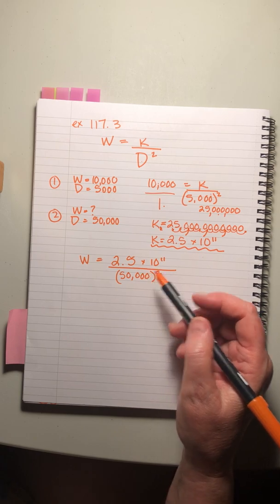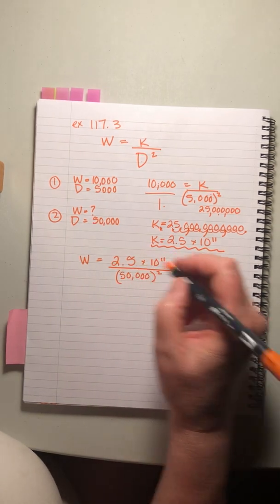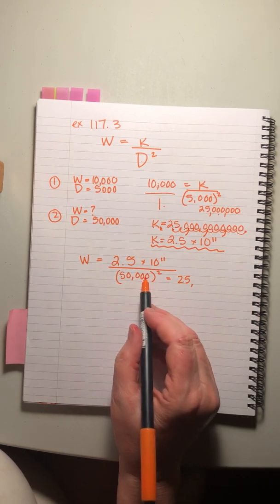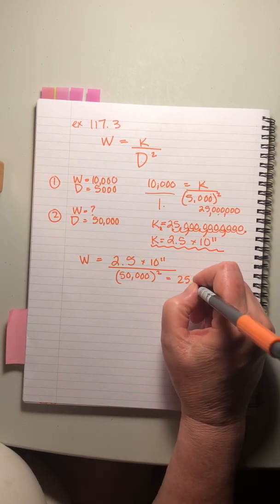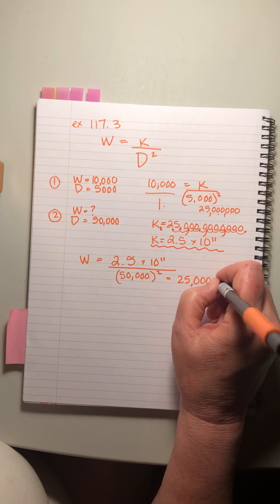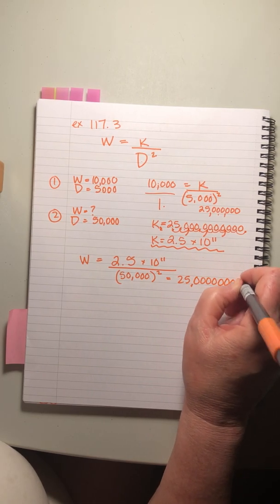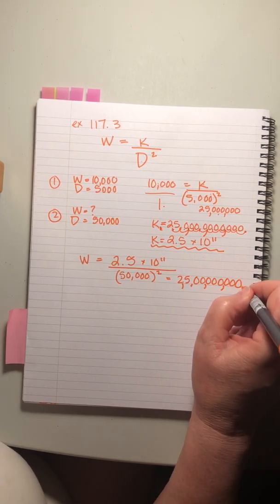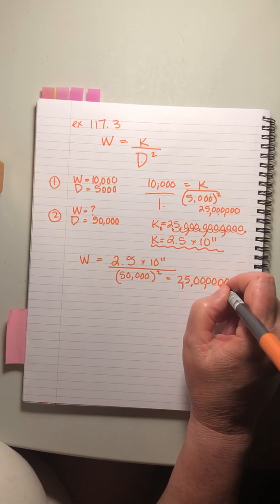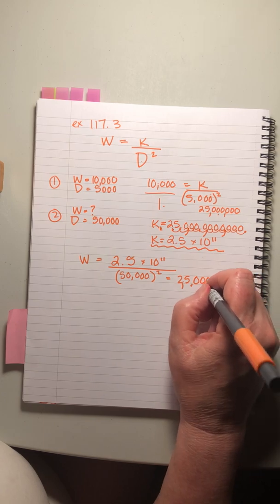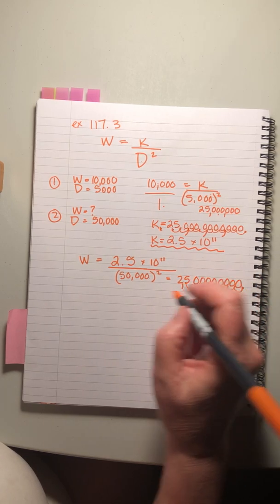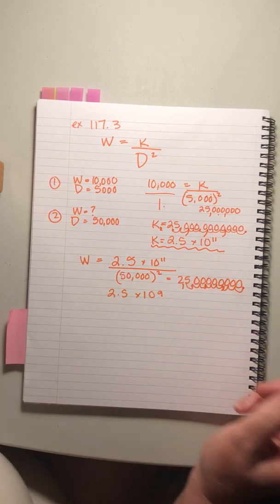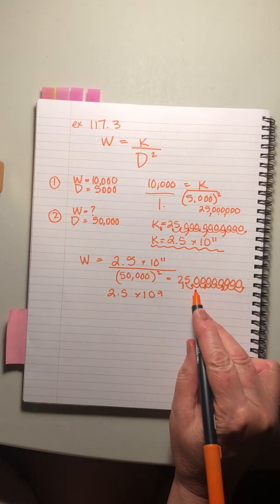The 5 times the 5 is going to be 25, and then we'll double the zeros. 1, 2, 3, 4, so we need 8. Okay, let's move it. 1, 2, 3, 4, 5, 6, 7, 8, 9. 2.5 times 10 to the 9th is this.